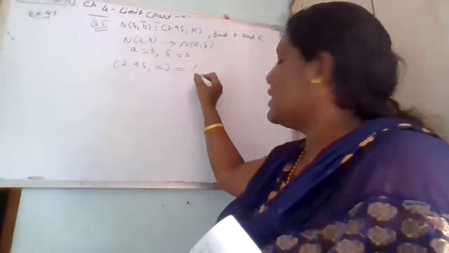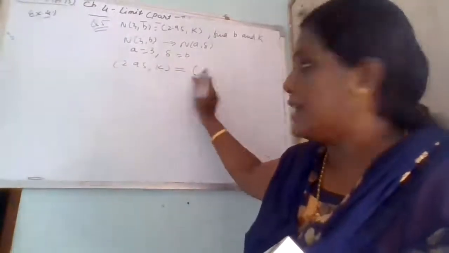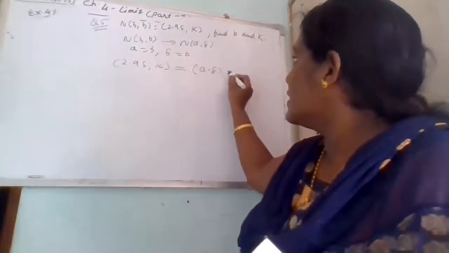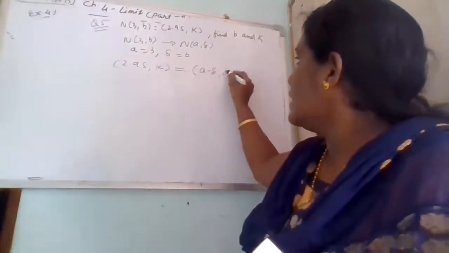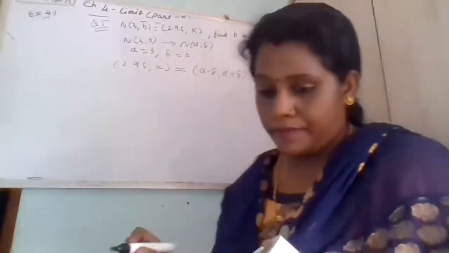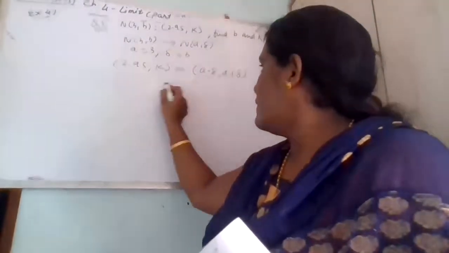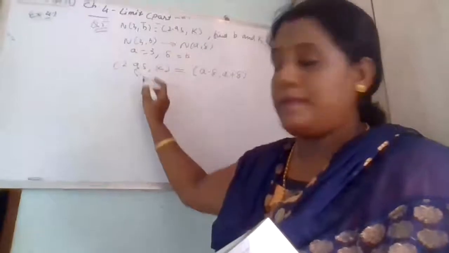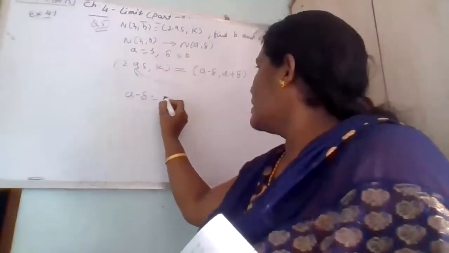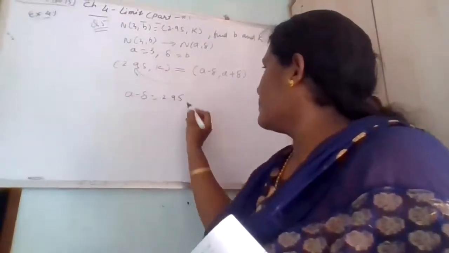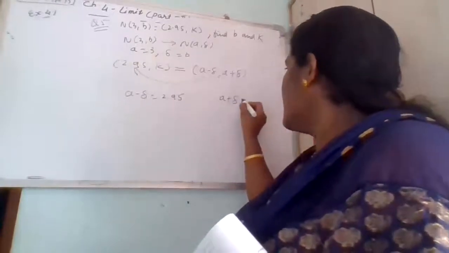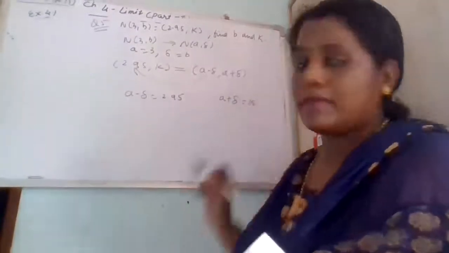So this we will consider as a minus delta and a plus delta, right? So a minus delta is 2.95 and a plus delta is k.